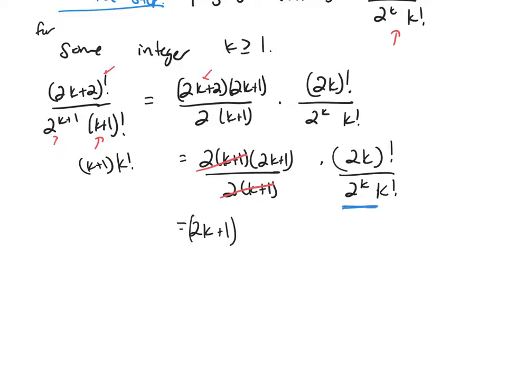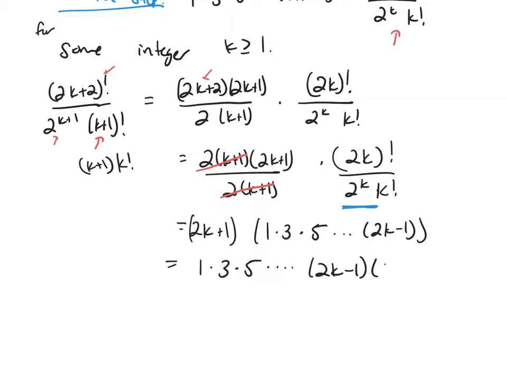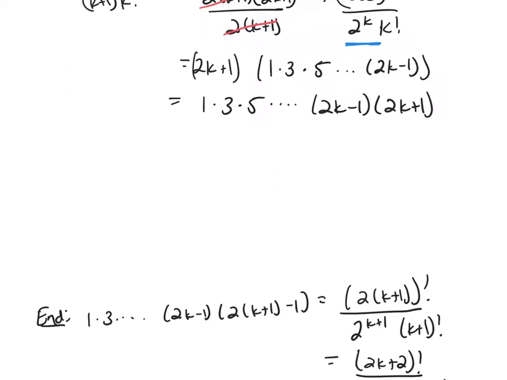This is the product of the numbers 1, 3, 5, all the way up through 2k minus 1. So now if I rewrite these in the right order, they're all being multiplied, so I can rearrange them. And so this is what I needed to show, because in the end, this last term here is really a 2k plus 1, if I simplify it.